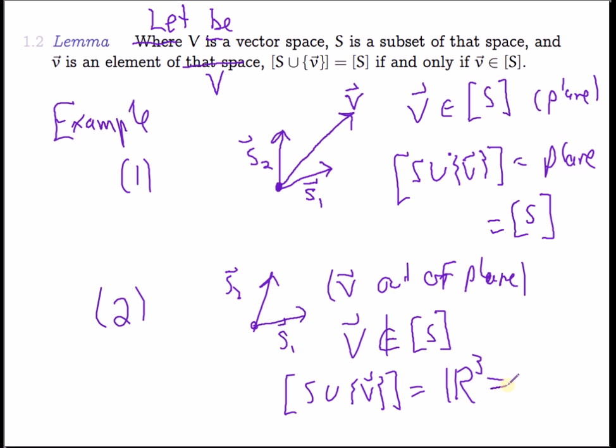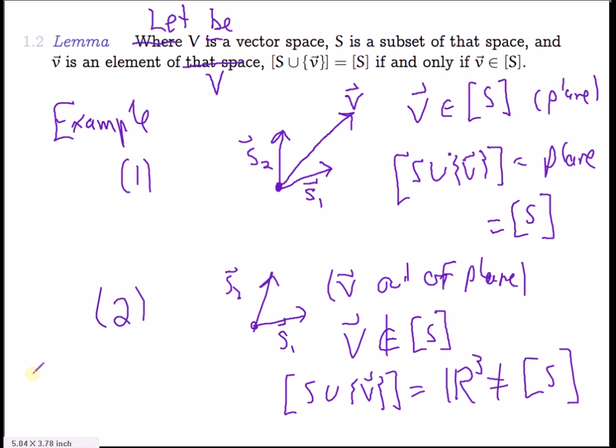So this is not equal to the span of S. All right, so notice that I've shown that v is not in the span of S, and as a result, the span of S union v is not equal to the span of S. That's the contrapositive of the statement here.